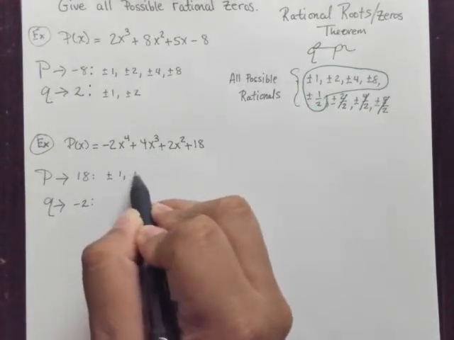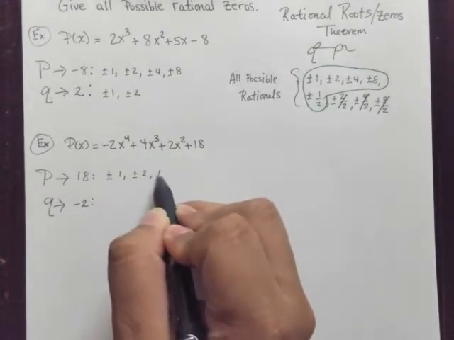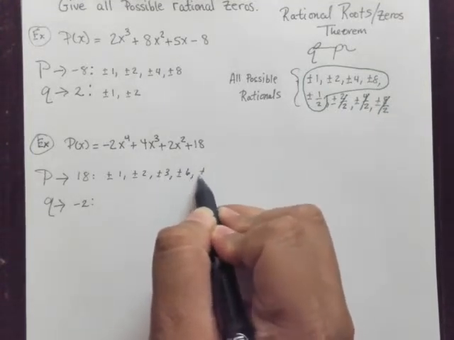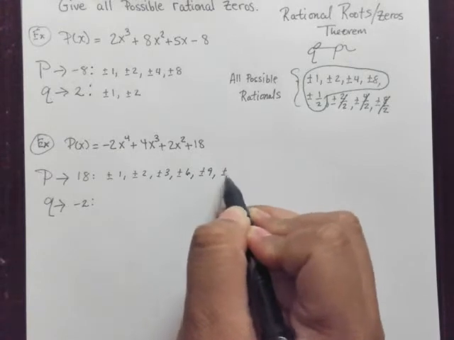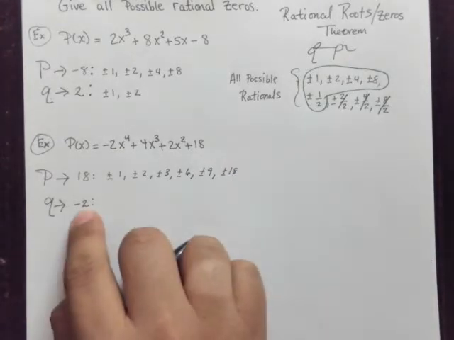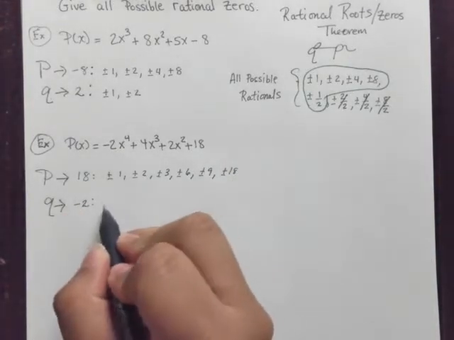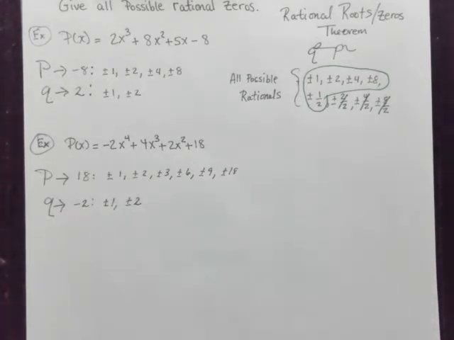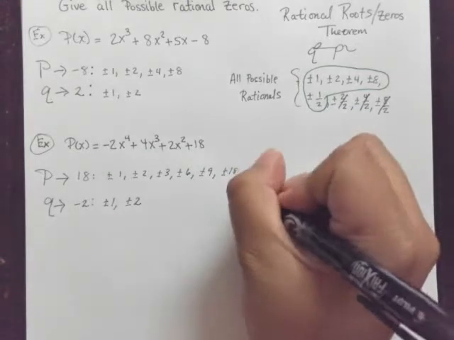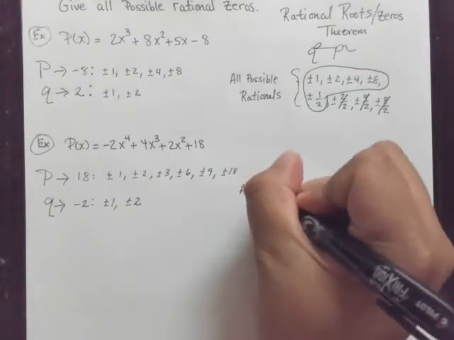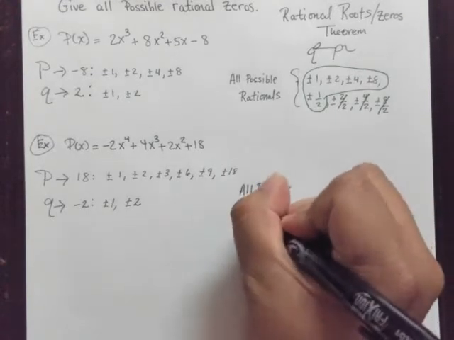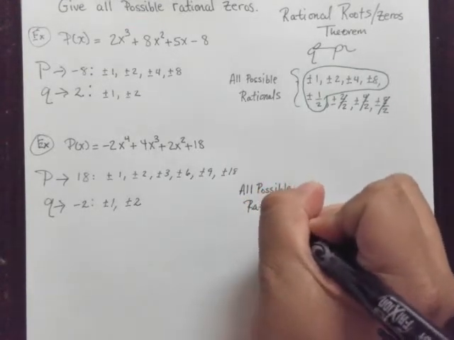We've got 1, 2, 3, 6, 9, and of course we can't forget 18. And again, for -2, the factors are 1 and 2 because it is prime. So all possible rational zeros, again I just put all possible rationals.